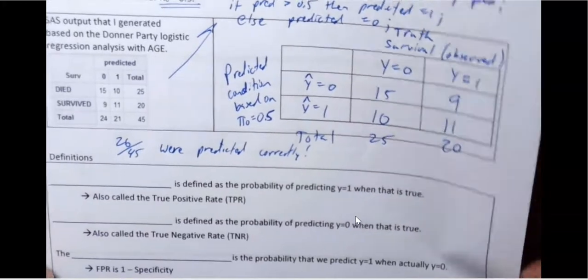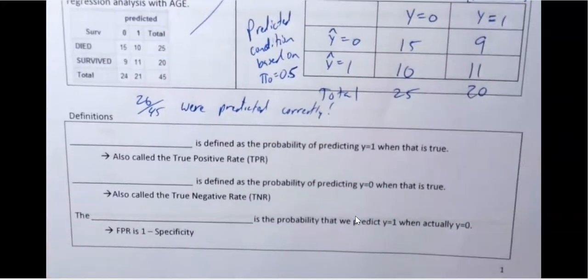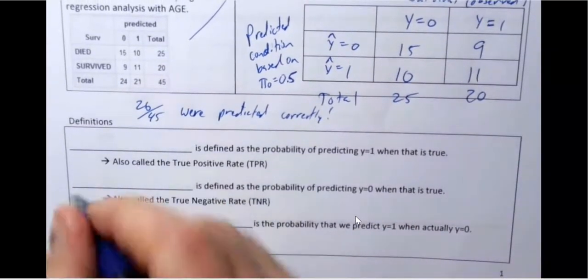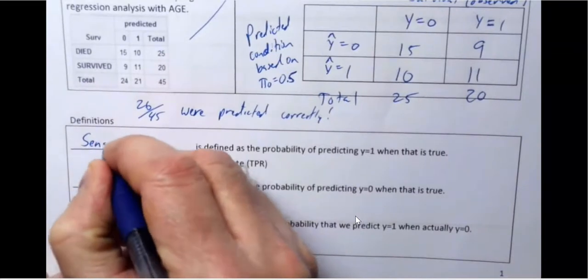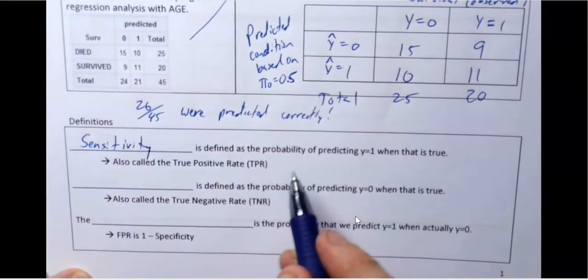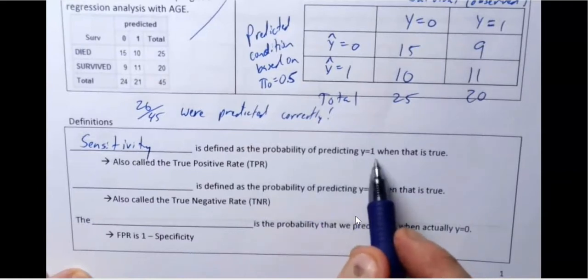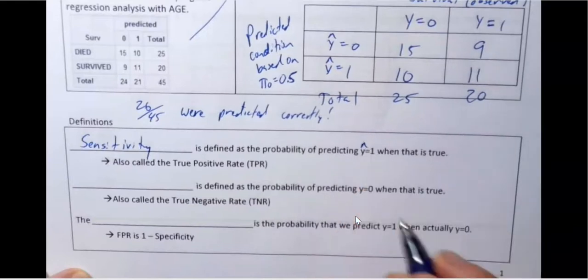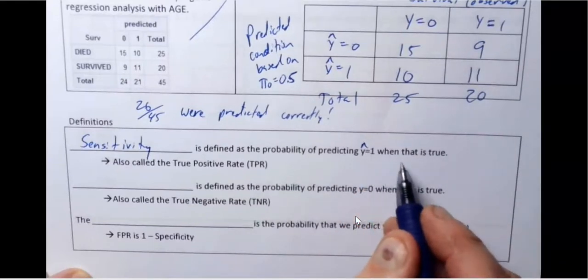Okay. Now I'm going to introduce two words to you that you may have seen before in talking about these 2x2 tables. The first is one that I'm going to call sensitivity. And it's defined as the probability of predicting y equals 1, so predicting the person will survive. I'll say predicting y hat equals 1, when that is true.